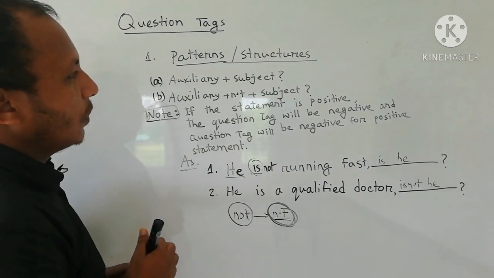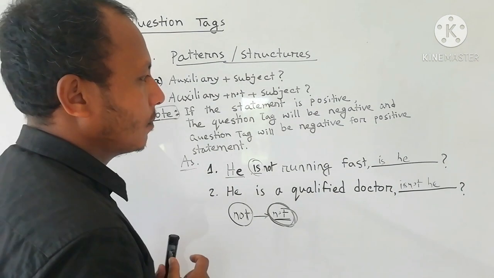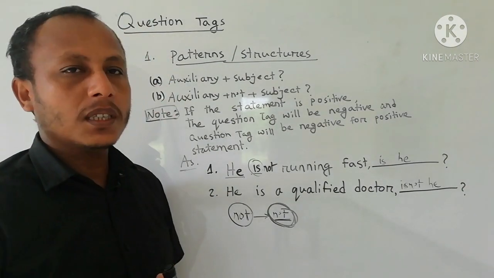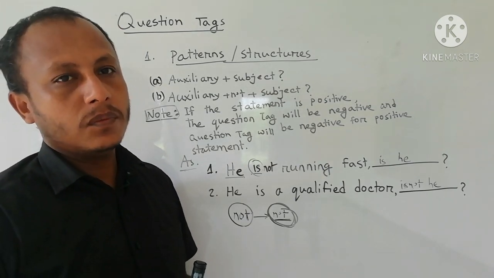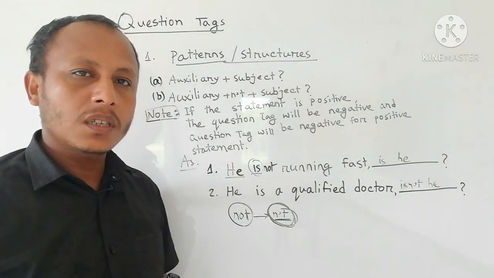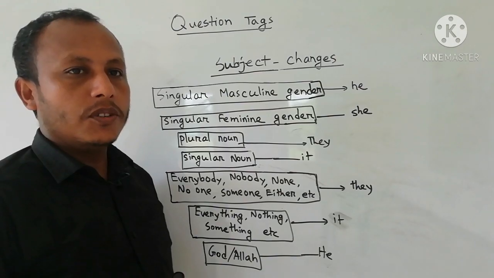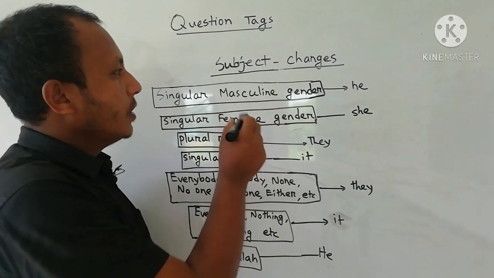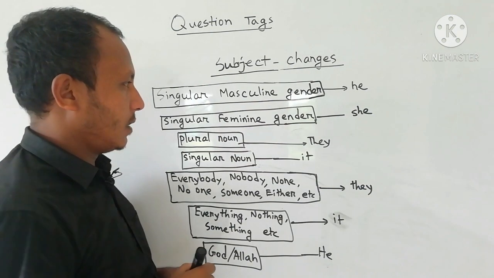Next, we will discuss the subject changes. Dear my students, subject changes must be memorized. If you don't memorize it, you can't make any question tag. Dear my students, these are the subject changes for making question tags.